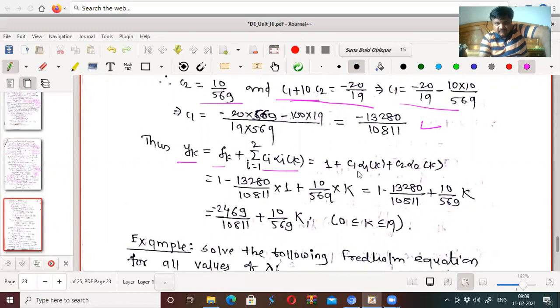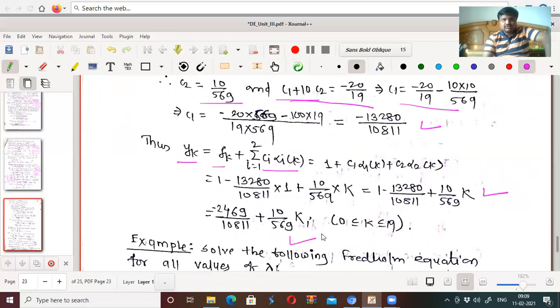Here it is 1. What is c1? C1 is minus 13280 upon 10811 into alpha 1k, which is 1, plus 10 c2, 10 upon 569, into alpha 2k, which is k. So 1 minus 13280 upon 10811 plus 10 upon 569 k, isn't it?